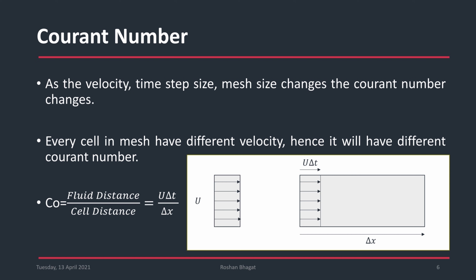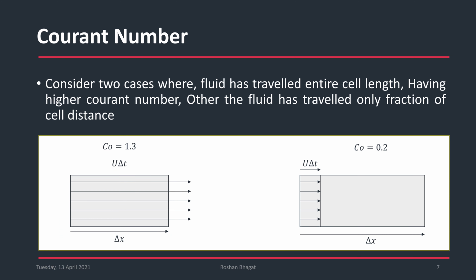Every cell in the mesh has different velocities, hence the Courant number will be different for each velocity as well as each cell, and within each cell things also vary. Again, the Courant number is the fluid distance divided by the cell distance, so u times Δt divided by Δx.